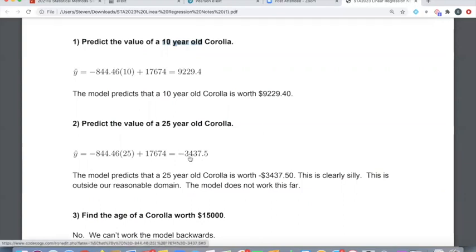And we have to stop and think for a minute. You got a 25-year-old Corolla and your car is so bad that you would have to pay somebody $3,000 to come take it away? Come on, clearly that doesn't make sense. That doesn't mean the model's broken. That just means this model won't work for 25-year-old cars.